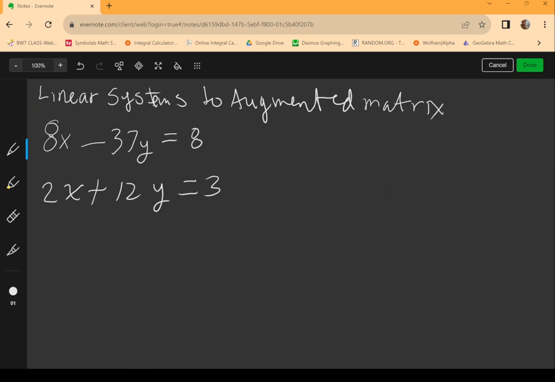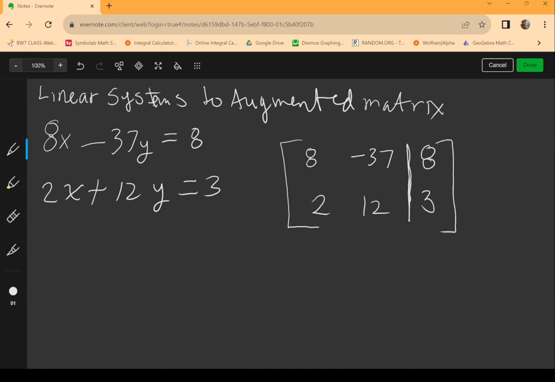So if I have this system and I want to write it as an augmented matrix, I would have this. Usually, in our section, they have a line here, and then they'll write the values here. So this is an example of an augmented matrix.